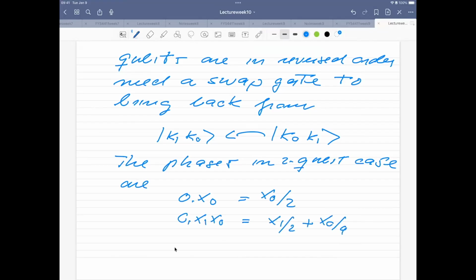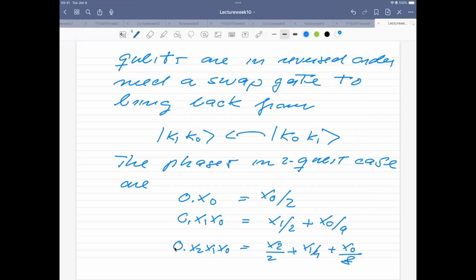And this can move on if we add more qubits. So each output qubit stores a phase that depends on a progressively longer suffix of the input string. If you have 3 qubits, you would have x2, x1, x0, and that would be x2 divided by 2 plus x1 divided by 4 plus x0 divided by 8.